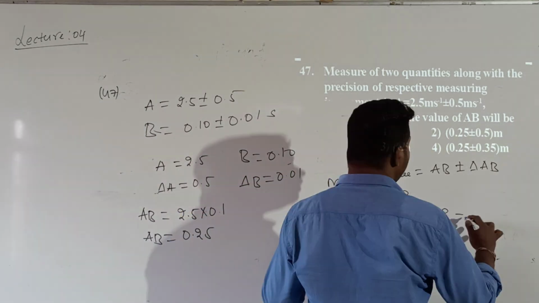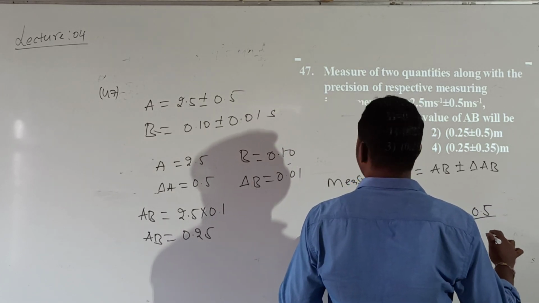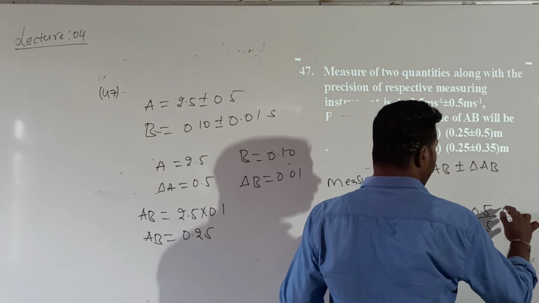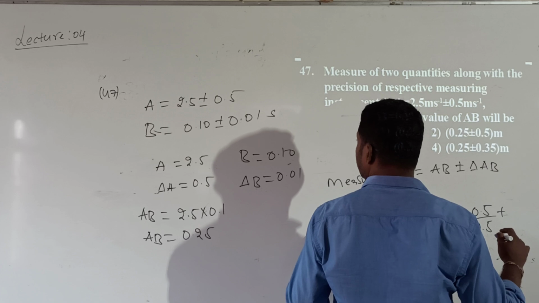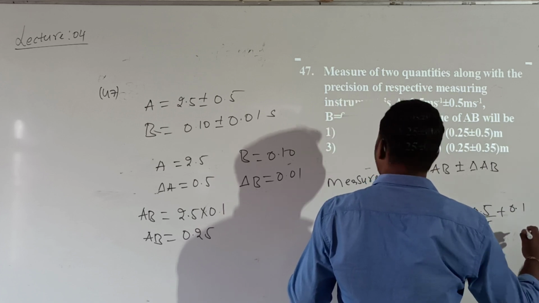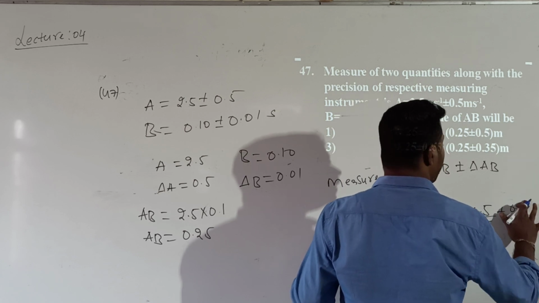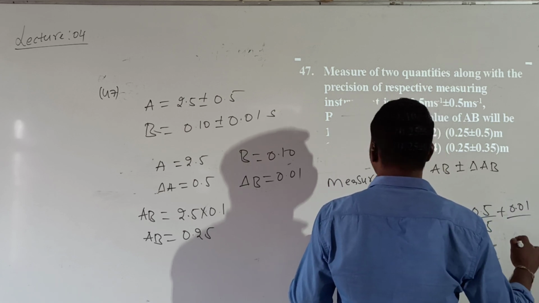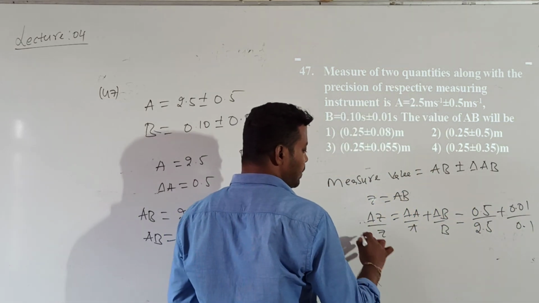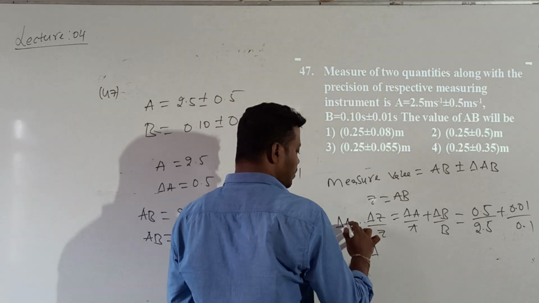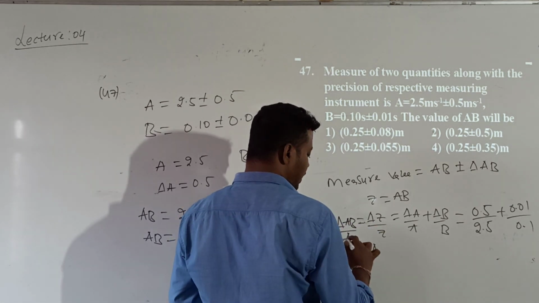So delta A value is 0.5 divided by 2.5 plus delta B value 0.01 divided by 0.1. So this is the value of delta Z by Z, or simply I can also call it delta AB by AB.